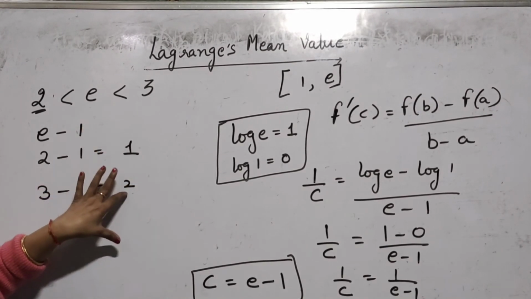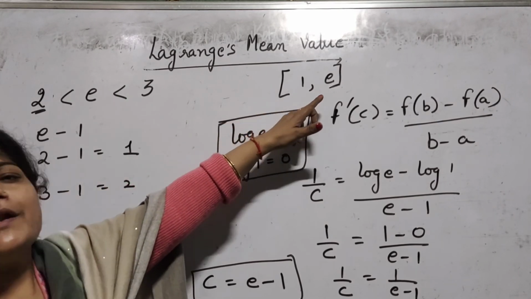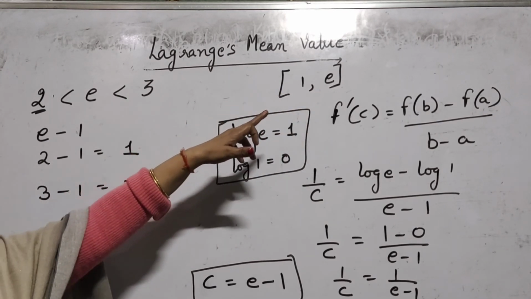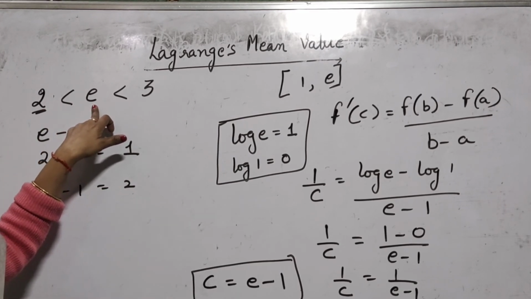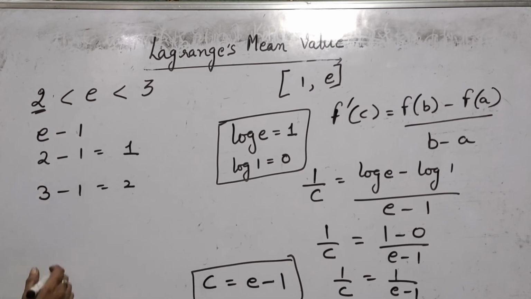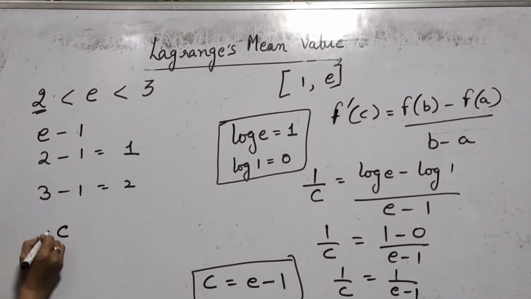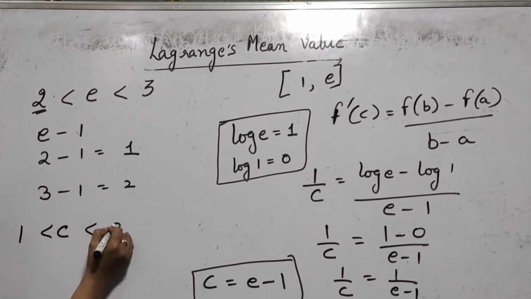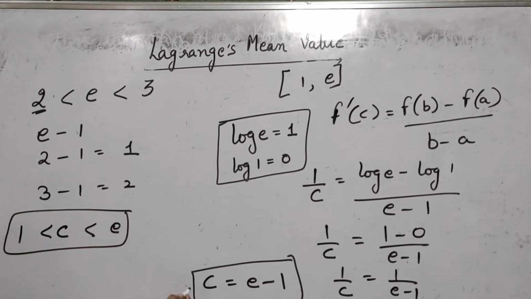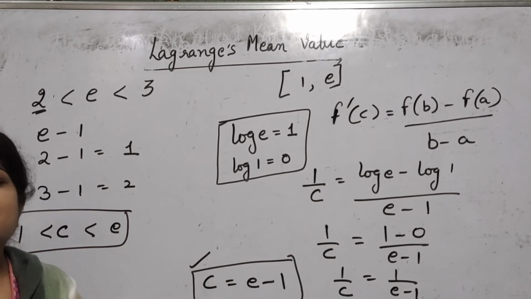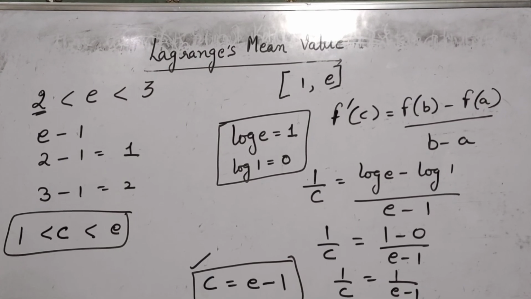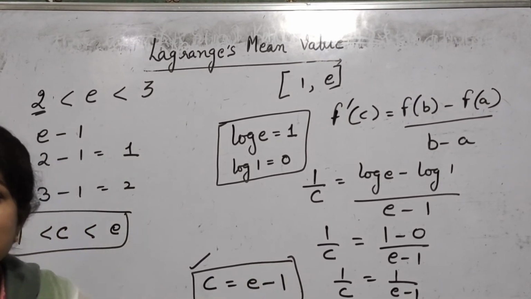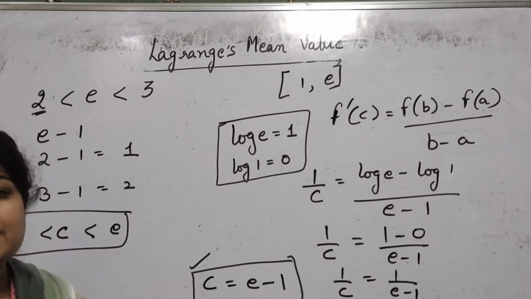So 1 and 2 lie in between 1 and e, because 1 is already there, and 2 is less than the value of e, which is greater than 2. So c is in between 1 and e, and the value of c is e minus 1. I want to explain, the answer is the value of c is e minus 1.